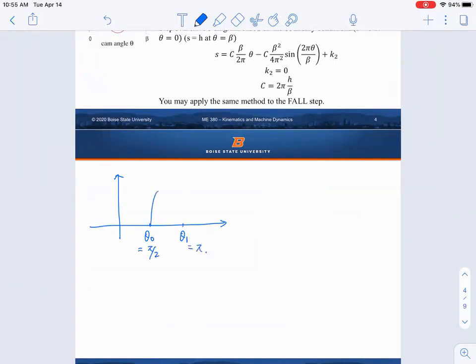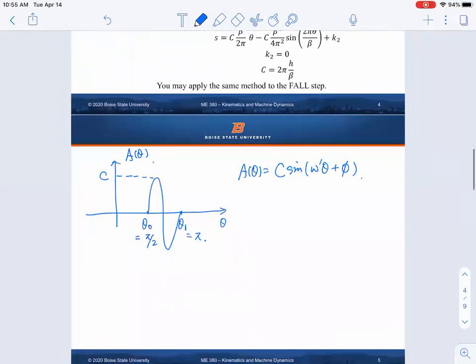And then we want to find your A(theta) as a single sine oscillation, amplitude c. You can also get these without using the x domain. So what you do is you already know that your A(theta) is c times sine of omega prime theta plus phi, right? That is your A(theta) in the theta domain.